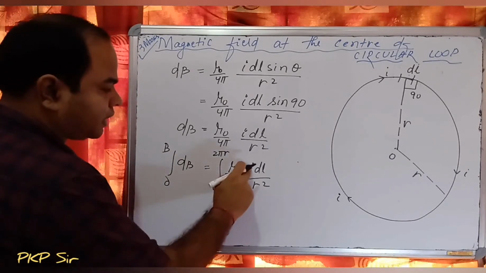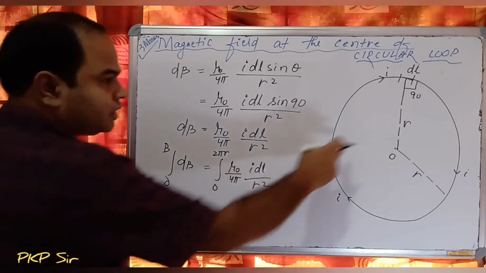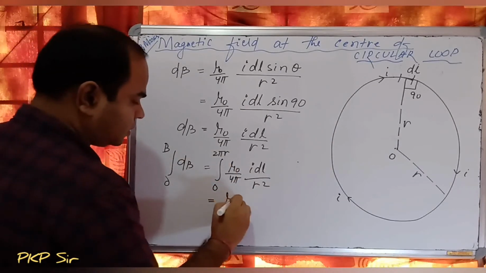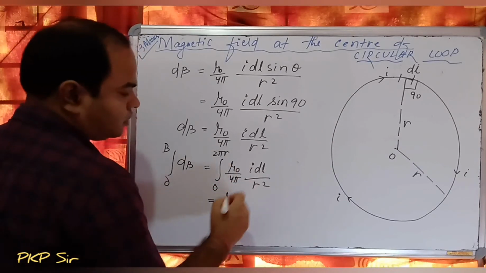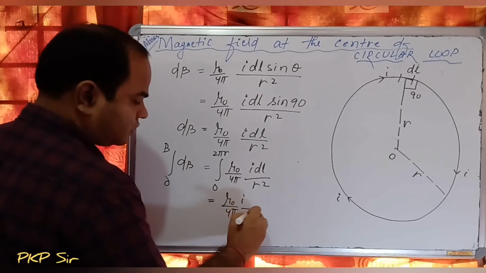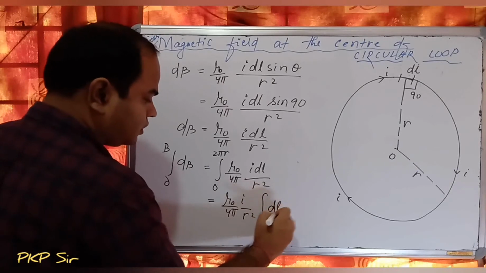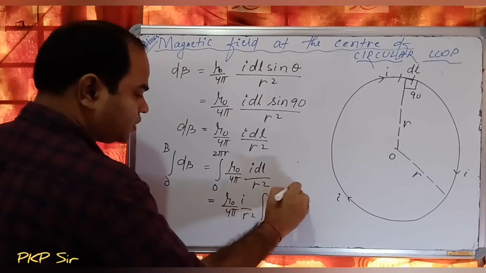Mu naught by 4 pi I by r square is constant, because r is constant, I is constant, and mu naught by 4 pi is constant. This is dl, that is from 0 to 2 pi r.